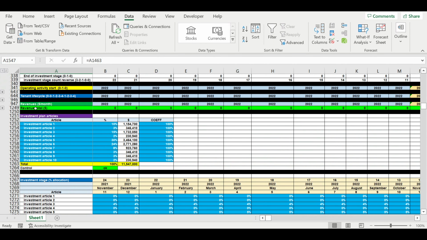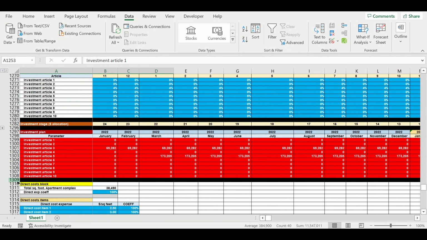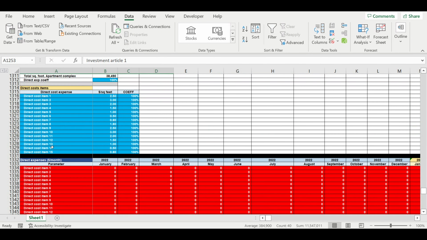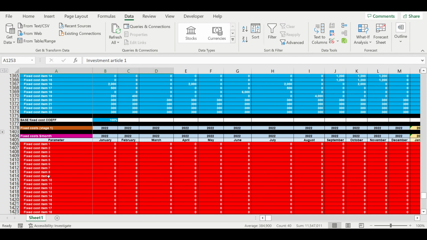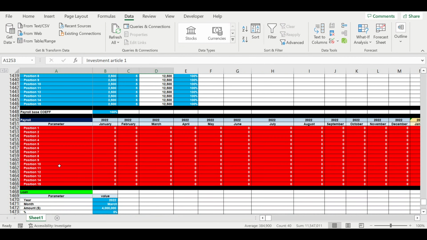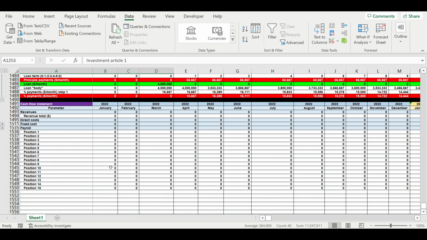The revenue is already taken into the cash flow. Investment plan, we're about to do that. Here it is. Then direct costs, we are done with that. Fixed costs, we are done. Payroll, we are done. Loan will be added inside financial activity. So we are adding taxes.